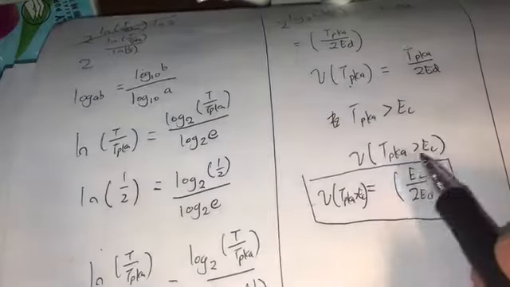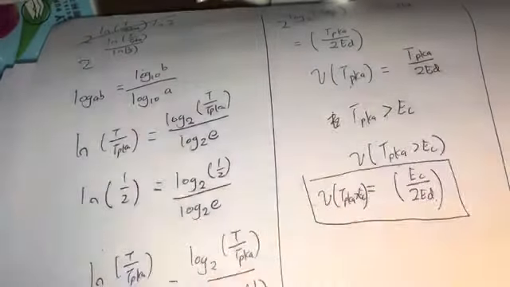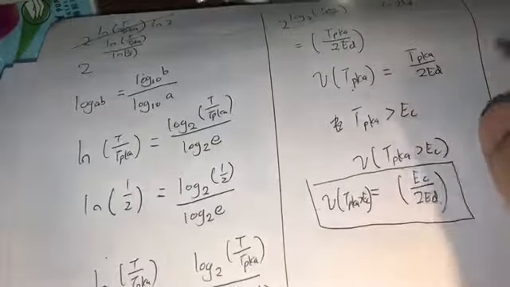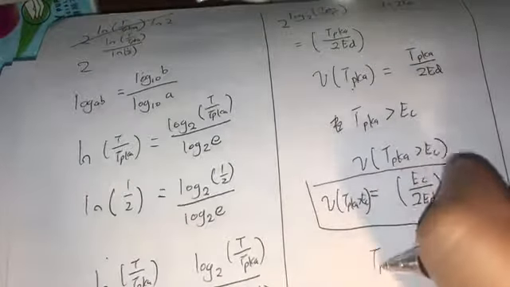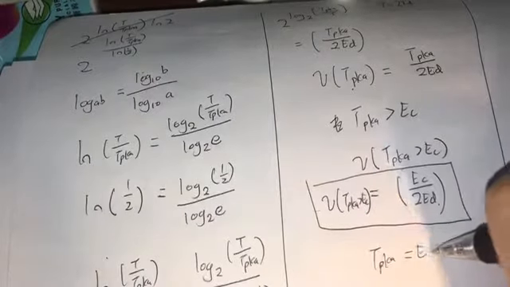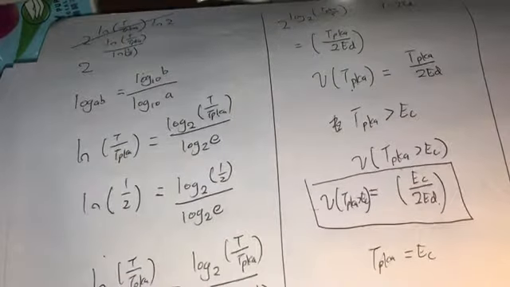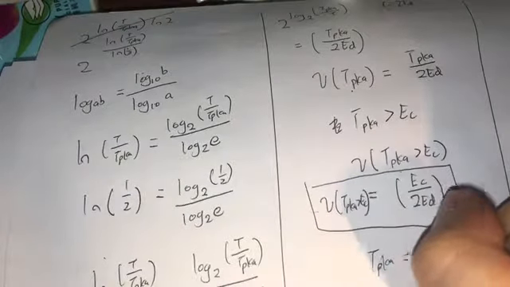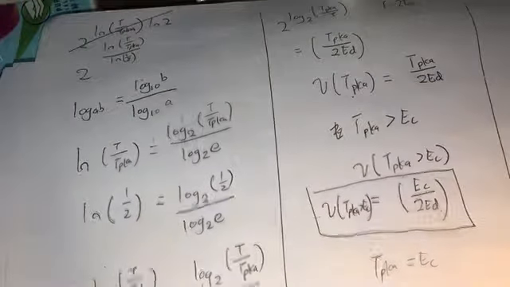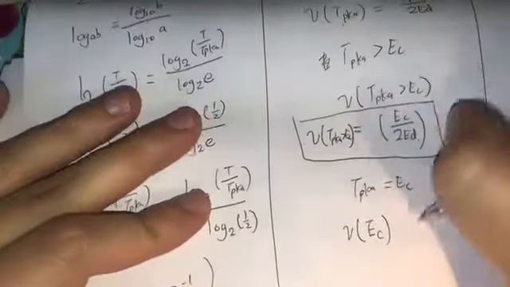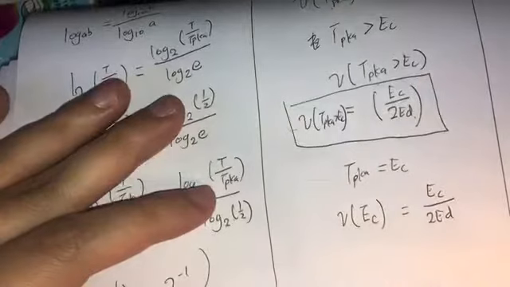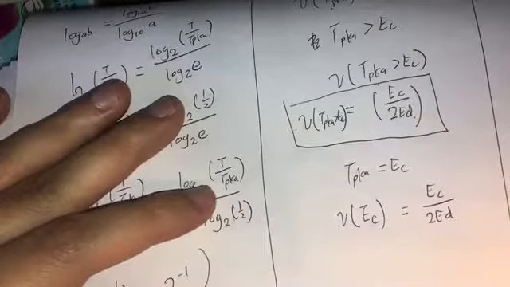Okay, so at slightly less than this value, if T pKa equals EC, then V will also be EC over 2ED. That's how many displacements are made per pKa.